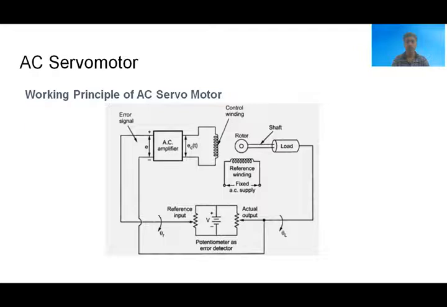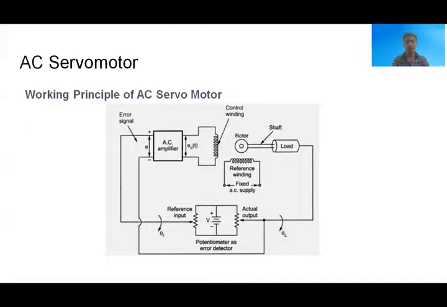This angular displacement of the motor is fed back to the AC amplifier through the potentiometer. Since the reference position is already defined, the error signal will be amplified and given to the control winding.